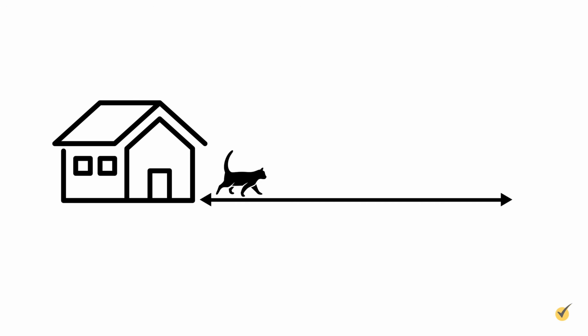Hopefully those 2 examples made clear the difference between distance and displacement, because that is necessary to define velocity and acceleration. Let's go back to our cat walking in a straight line along the x-axis. Let's say the cat walked from the door and went a displacement of delta x in a time delta t, where delta means the change in, as you might recall from learning the slope of a line.